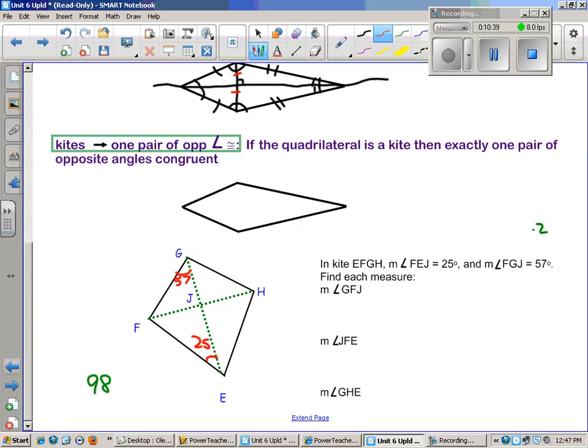So if this is 57, what's this one? Right. 25, 25, right? What kind of angle is this? 90, good. Okay. And then if I want to find this angle, anybody have an idea how I'd find it?